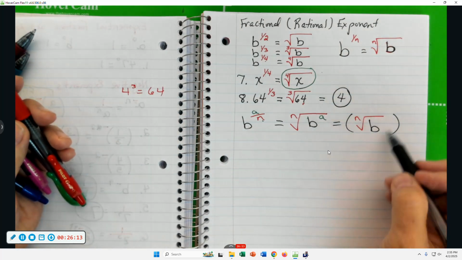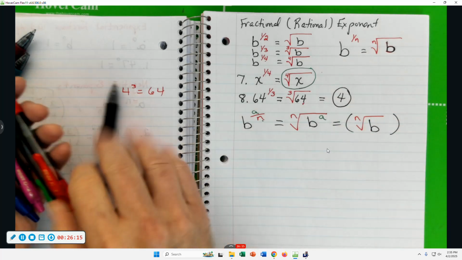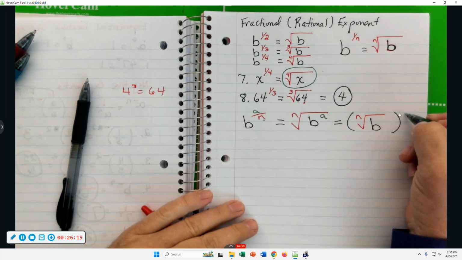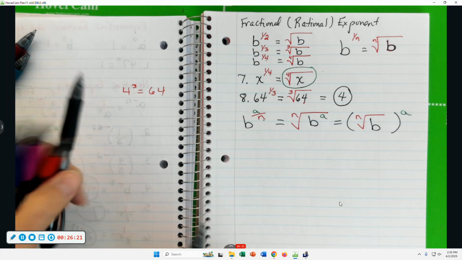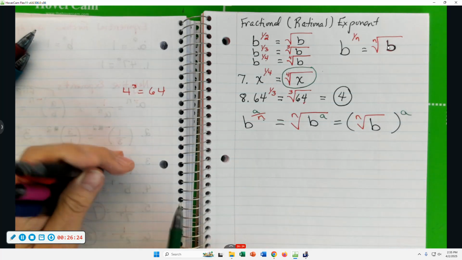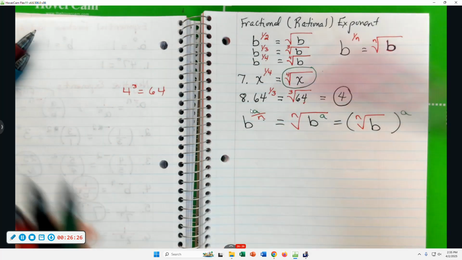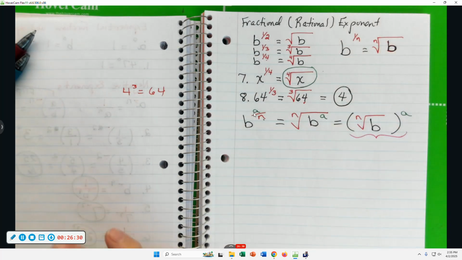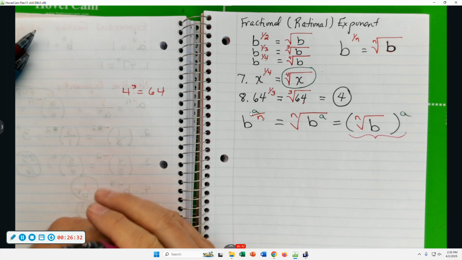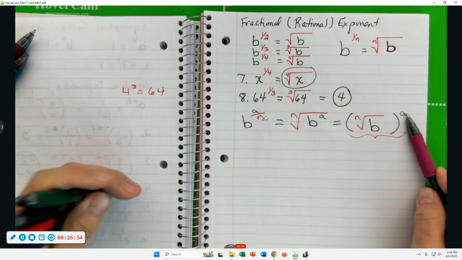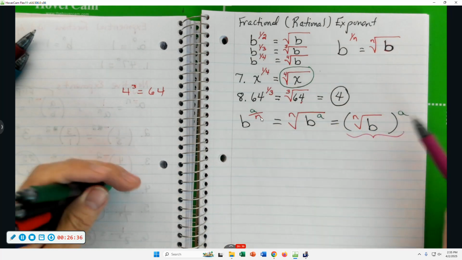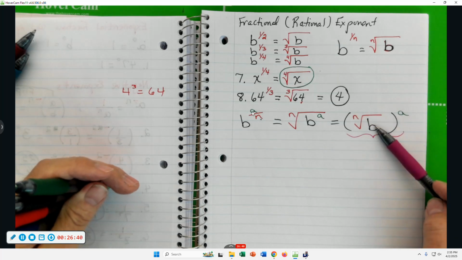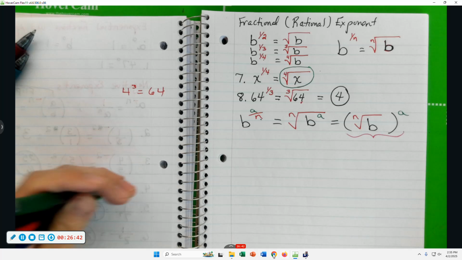You simplify that nth root, and then that numerator a you can put as an exponent on the outside. This is the format that I prefer. This top number is the power, the bottom number is the root. You'll get smaller numbers if you do the root, then raise it to the power. And that's what we're doing on number 9.